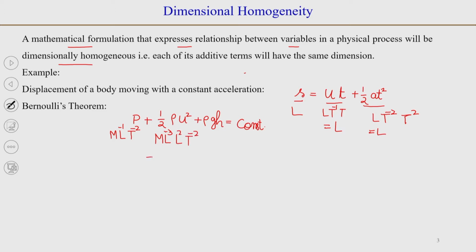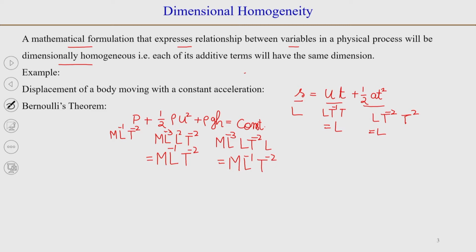So, that will give us again m L raised to the power minus 1 T raised to the power minus 2. Rho g h: m L raised to the power minus 3, g is L T raised to the power minus 2, and h is L. So, its dimension will be m L raised to the power minus 1 T raised to the power minus 2. So, all the terms have the same dimension.